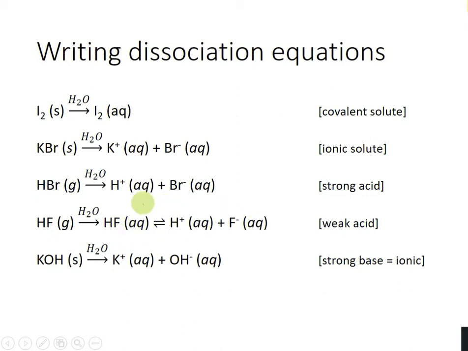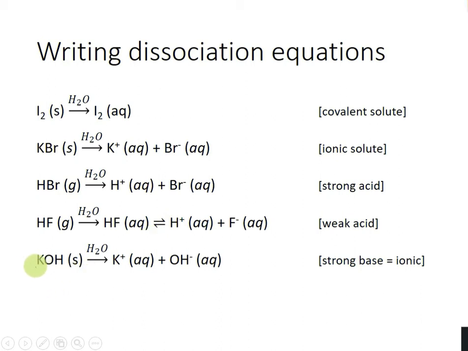So to indicate that only some of them are dissociating, I'm going to use a double arrow. This is the proper double arrow. In the worksheet, we're asking you to just use a less than sign, a dash, and a greater than sign to indicate it's sort of a 2-directional arrow. But this is the proper way. If we could type it, this is the best way to write the arrow.